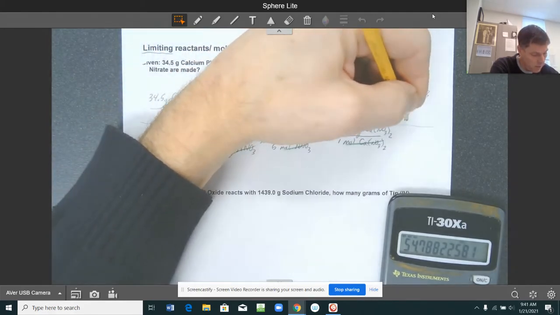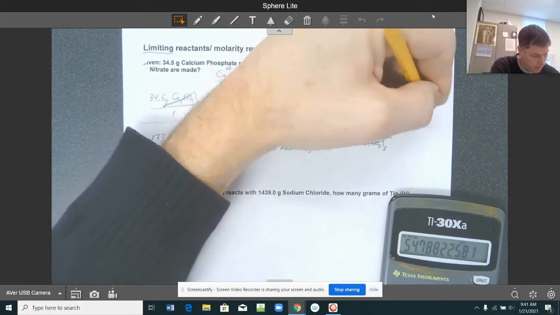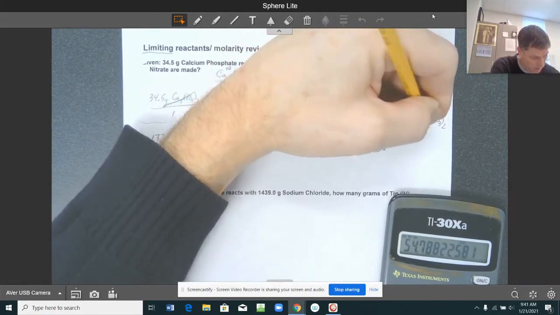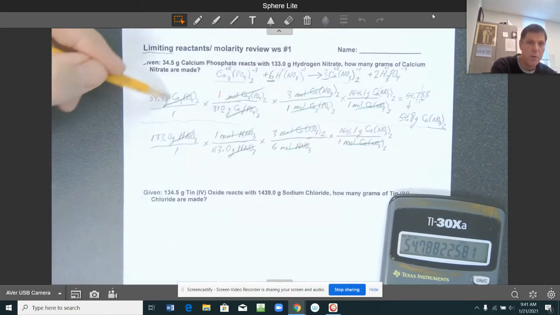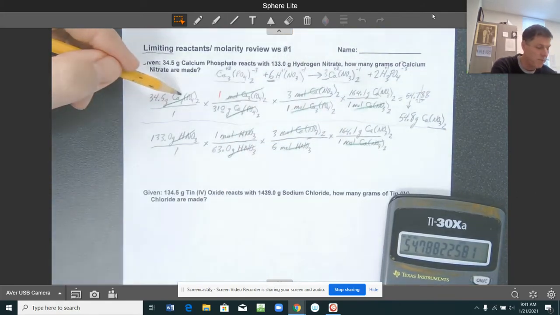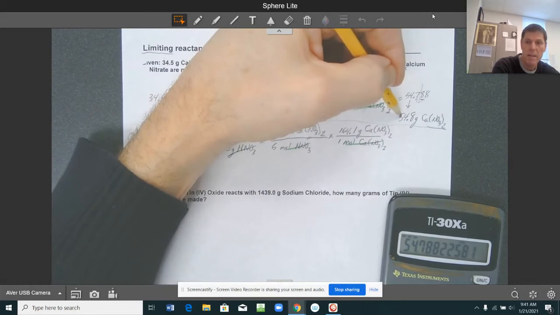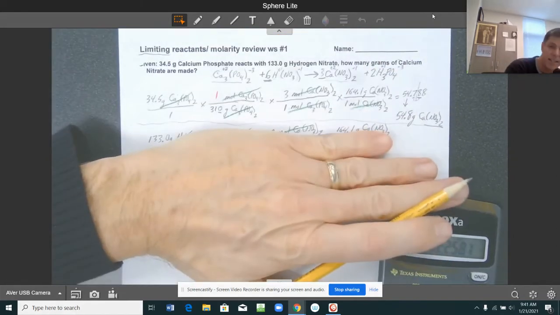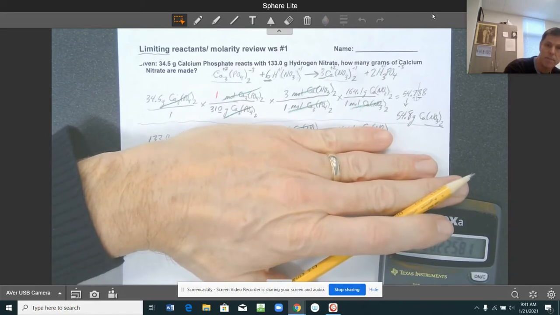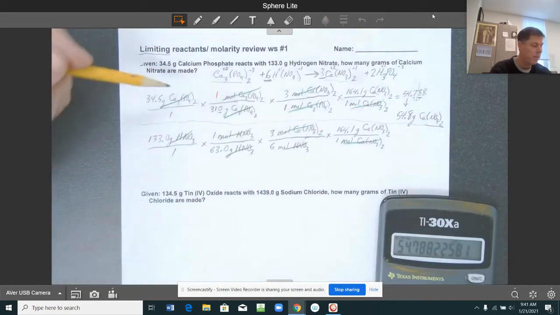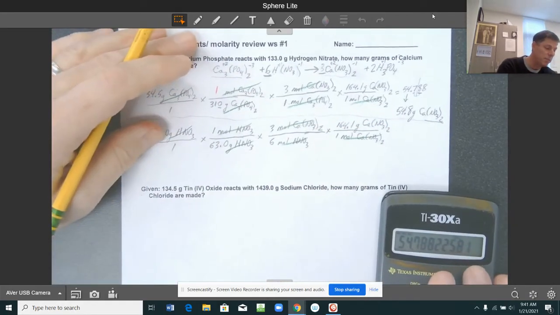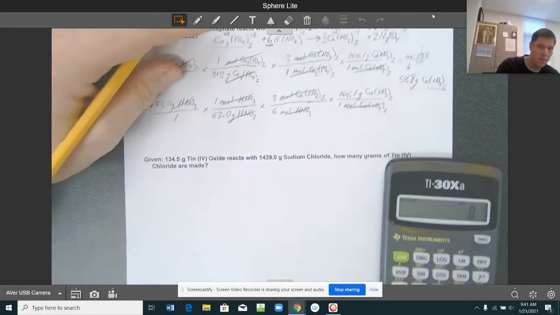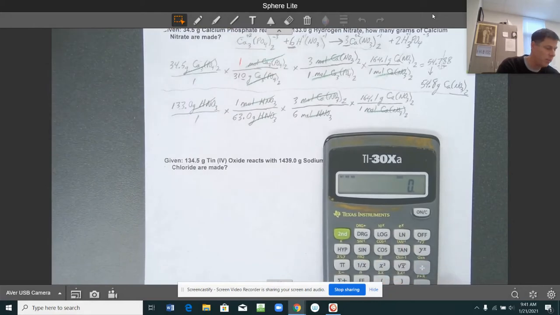So in this case, what this tells me is if I were to use up all 34.5 grams of calcium phosphate, I'm going to make 54.8 grams of calcium nitrate. That's just saying if I did that, a straight stoichiometry problem. But because I've got a limitation on my other substance, it's not in excess, I've got to go to the next step. And let me show you how I actually do these in the calculator.